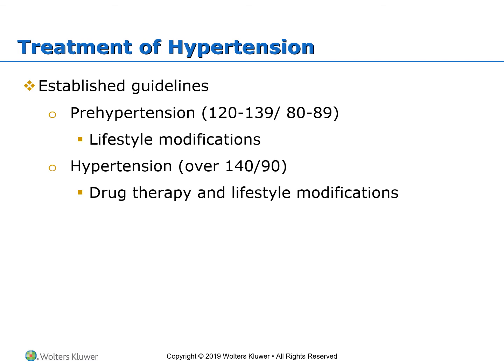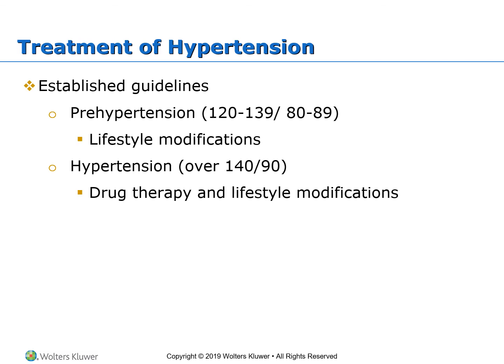We have some guidelines for that, and we define a person that has a reading between 120 and 139 for the systolic values, or between 80 and 89 for the diastolic values. So keep in mind that I can have someone that has 110, so the systolic is good, but the diastolic pressure is 90 or 91 or 95. That's defined as hypertension.